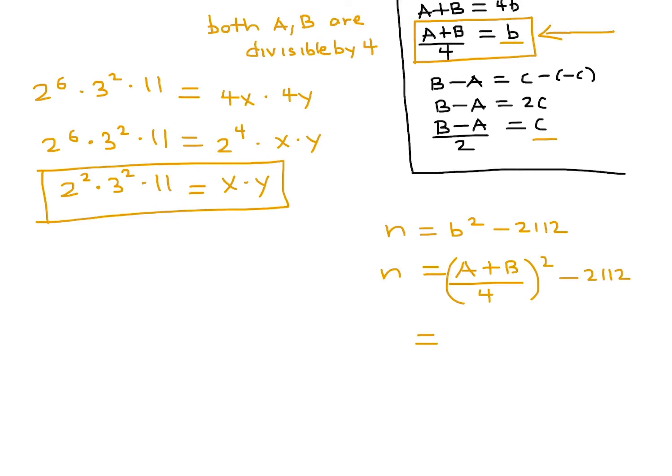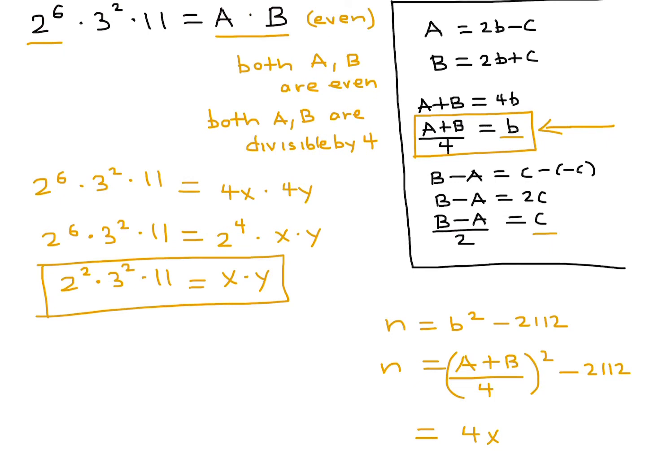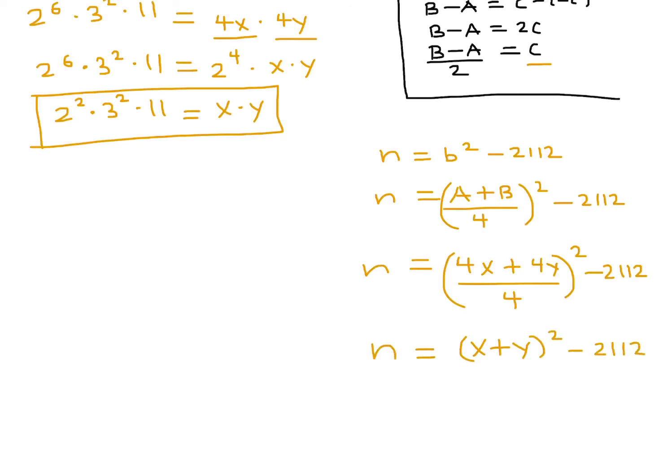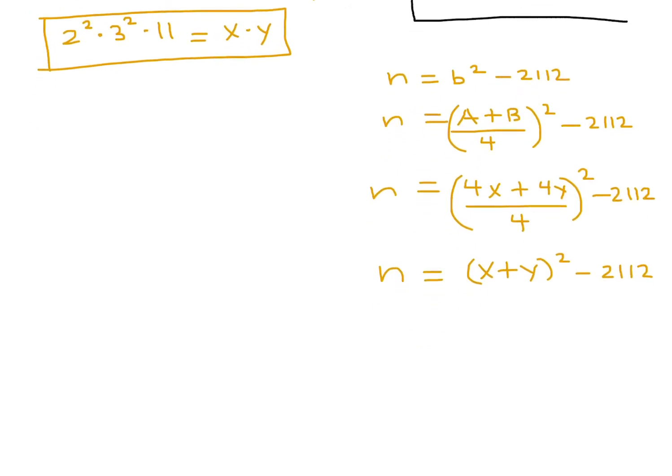And then a, we call that 4x, and b we called 4y. So we got 4x plus 4y, all over 4, squared, minus 2112. And then the 4's cancel, so all you're left with is just x plus y squared minus 2112 is equal to n. So now we can finally proceed with the table here.